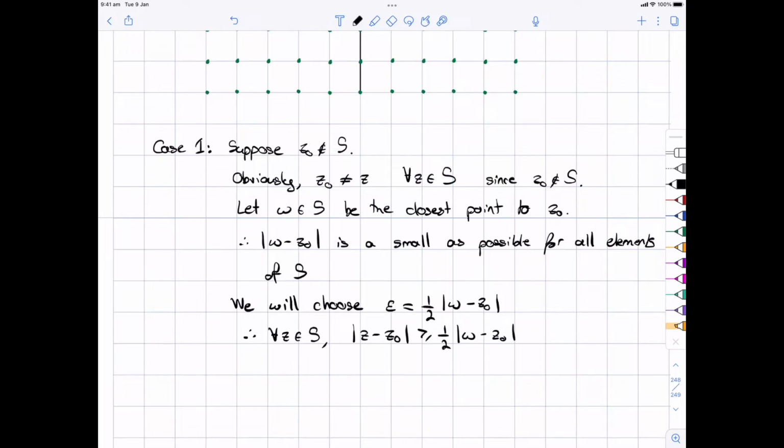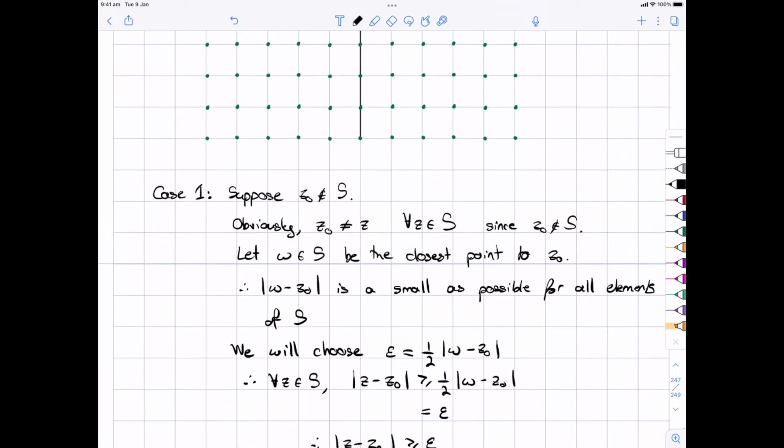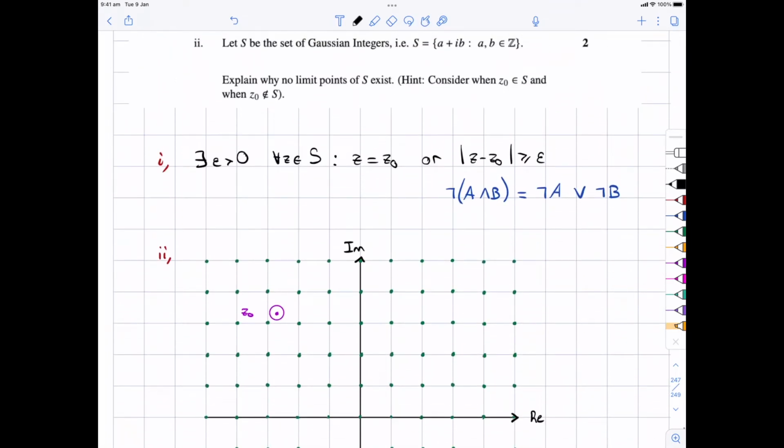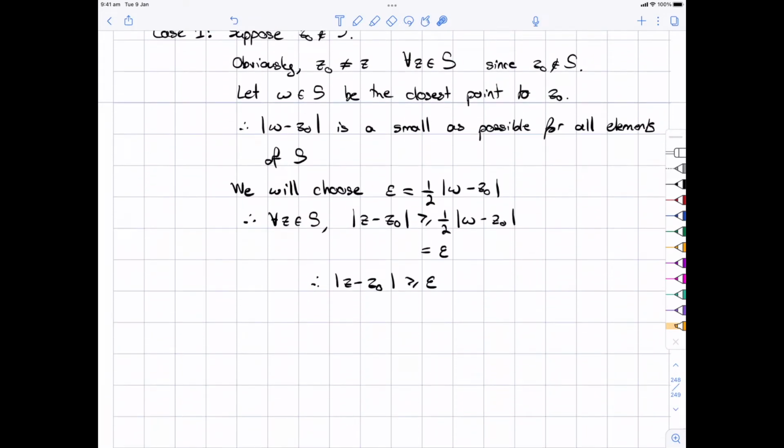But this is what we chose to be our epsilon. And so I can make a final line, Z minus Z0 is greater than or equal to epsilon. So what I've done is I've shown that there exists a value of epsilon, so that for all of these values of Z, this is true. And so therefore Z0 is not a limit point. We can write that concluding statement. Therefore Z0 is not a limit point.